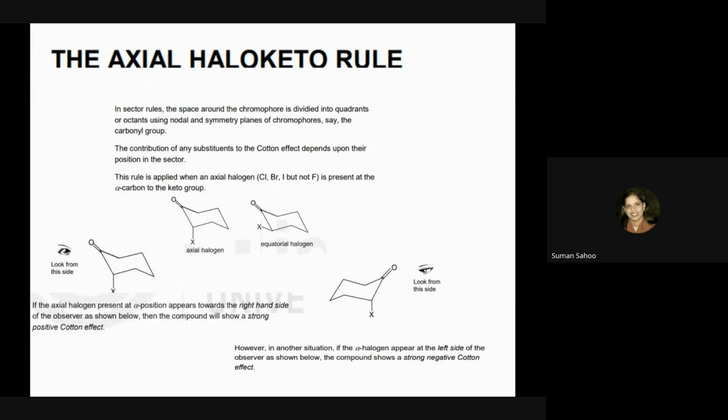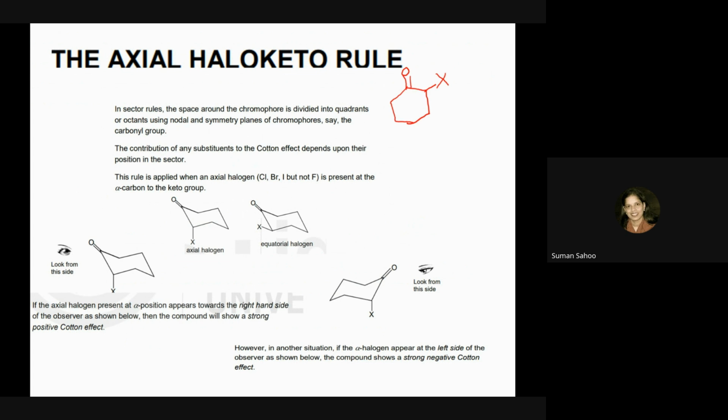Then based on this negative Cotton effect and positive Cotton effect, there are some rules, the alpha axial haloketone rule or the helical rule, to denote the configuration or conformation of substituents. Suppose in this axial haloketone rule, this is mostly for cyclohexanone, where you have a halogen group alpha to it, and that alpha halogen group is present in the axial position.